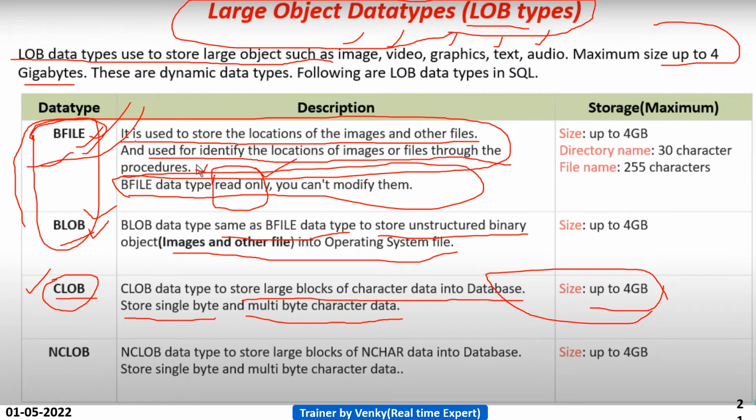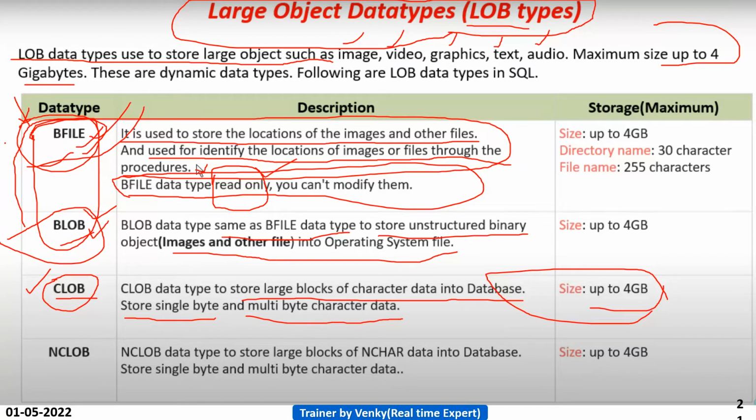What is BLOB and what is BFILE? BLOB is the actual file; it will store it. The file is located in the operating system where you are uploading it. In whichever location it is stored, that location will be captured by BFILE. BFILE just identifies the location of the image through the path via procedures, whereas BLOB is used to store the actual file.